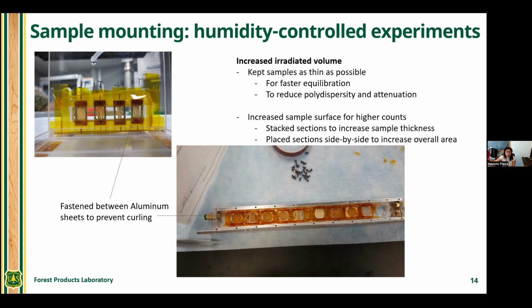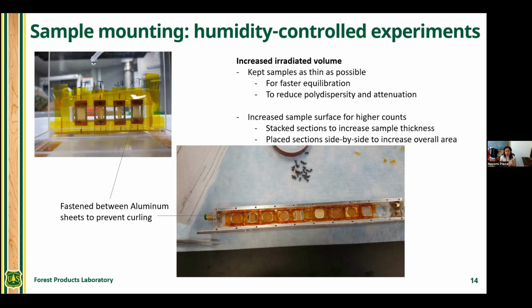And for some samples, depending on what the question we wanted to address was, we stacked sections to increase the overall sample thickness. And that allows us to measure different questions. So if we wanted to compare the effects of having partially intact cut cells versus having whole cells, since each one of the tracheids is about 50 microns, we could do stacked sections, 25 microns, for instance.